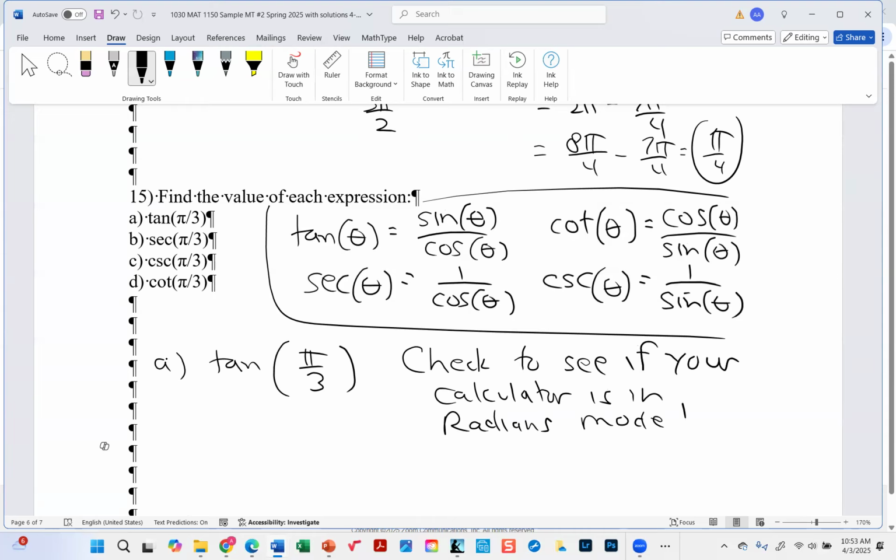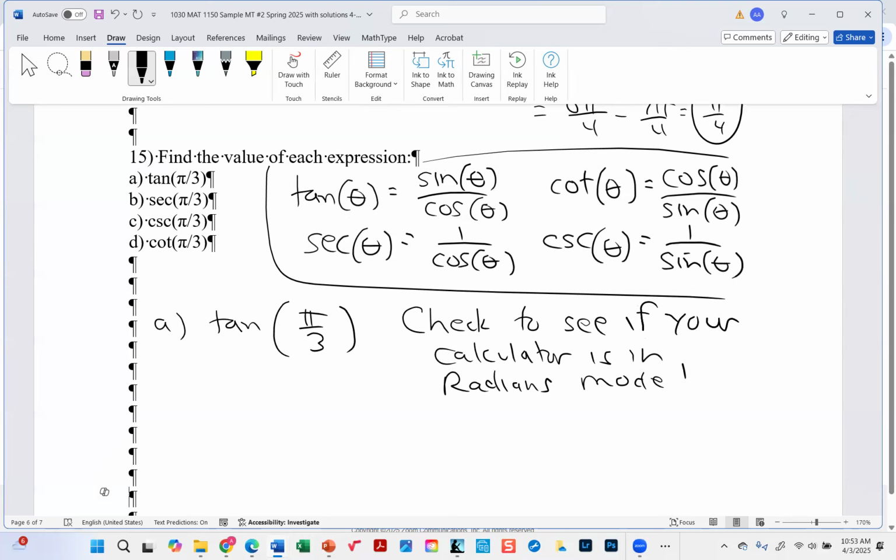If you're going to use your calculator, you've got to make sure that you're in the right mode. Otherwise, you're going to get the wrong answers. It's a done deal. You can't get the right answer if you're in the wrong mode.